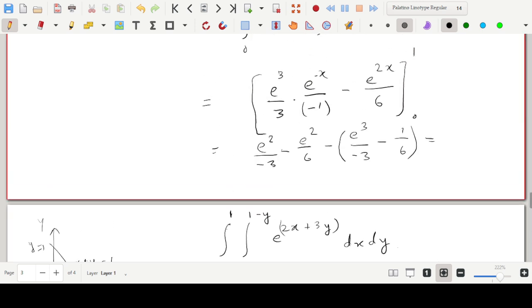Let's check whether this is the same thing over here. e cube over 3 plus e cube over 3 is correct. e cube over 3, minus here it is 2 times e square minus 6, so minus 3 e square over 6, so minus e square over 2, minus minus plus, so plus 1 over 6.